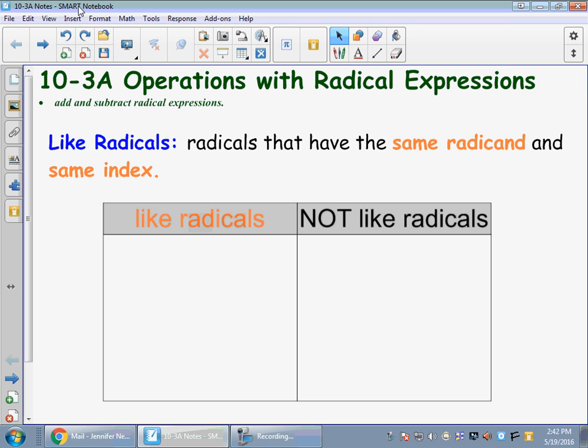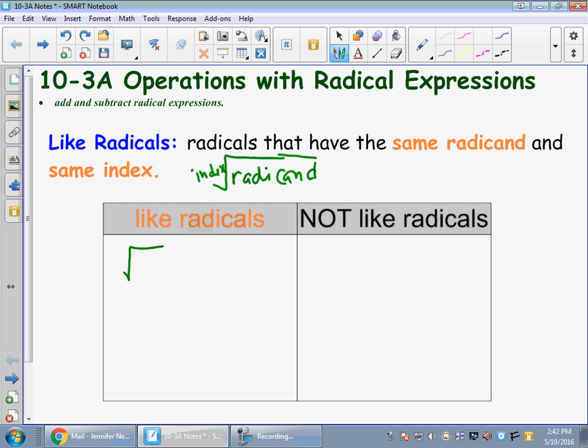So if you remember, in a radical, the little number here is the index, and the radicand is the number underneath. So like radicals would be the square root of 5 and 3 square root of 5.